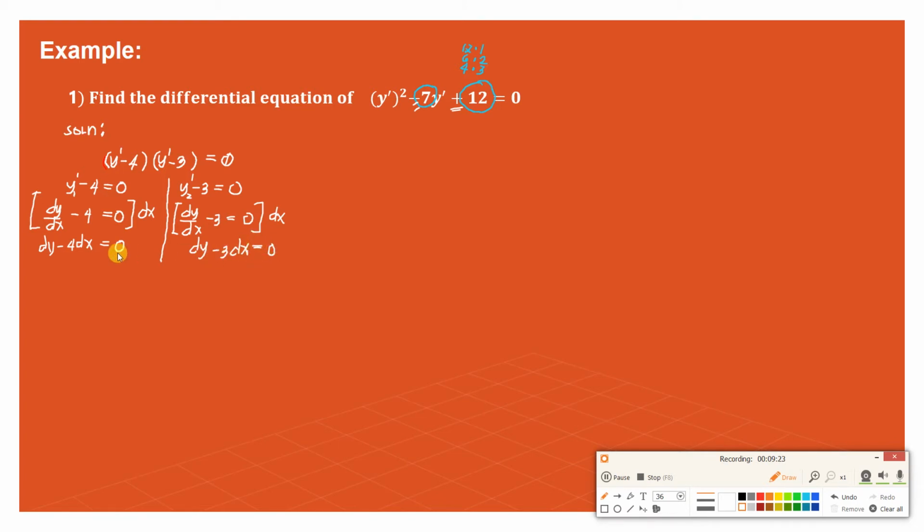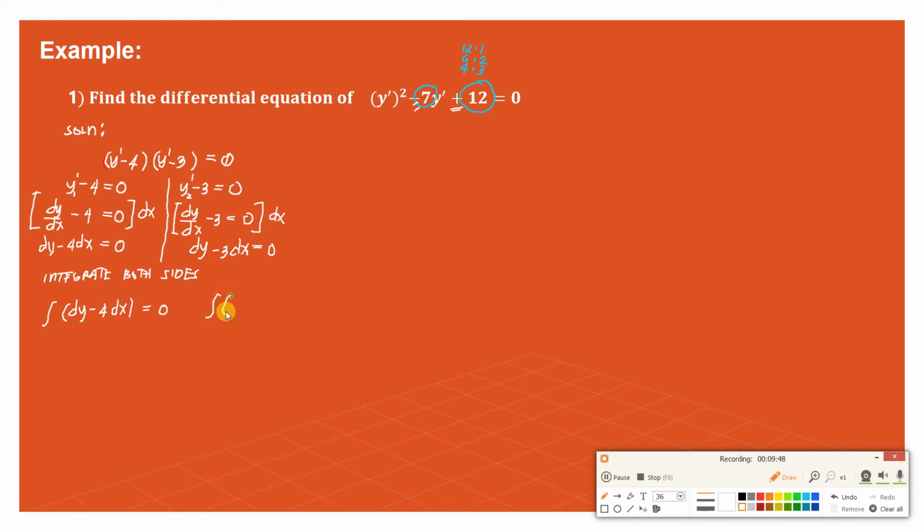So next, integrate both sides. So pag in-integrate ko si dy minus 4 dx, i-integrate ko rin si 0, will produce 0.